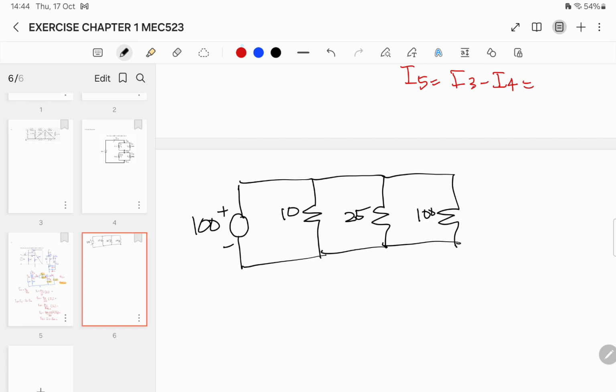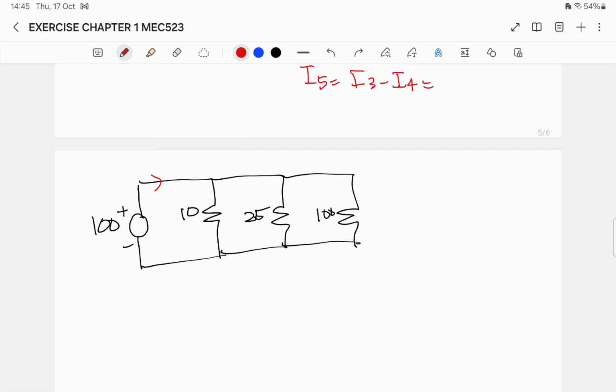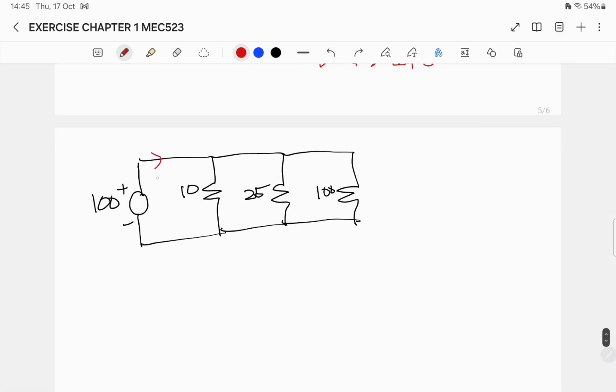Okay. So saya tukar pen. Kat sini is I total, I1. Oh tak nak. Kalau untuk buat KVL, saya lagi suka tulis I ikut loop. Okay, now we want to do KVL. Okay, everyone buat sama-sama.